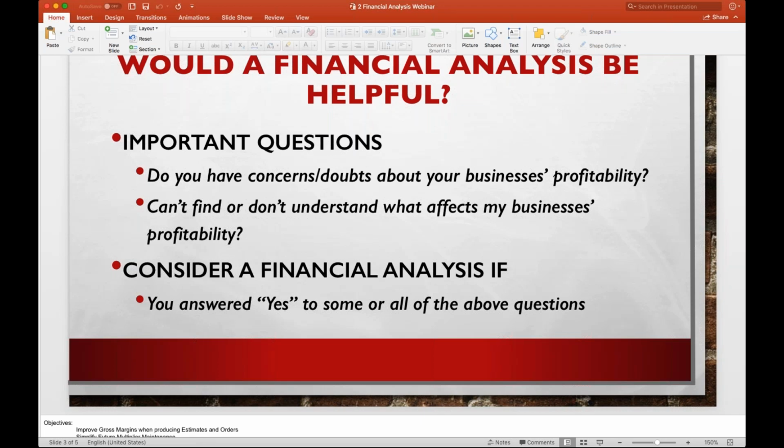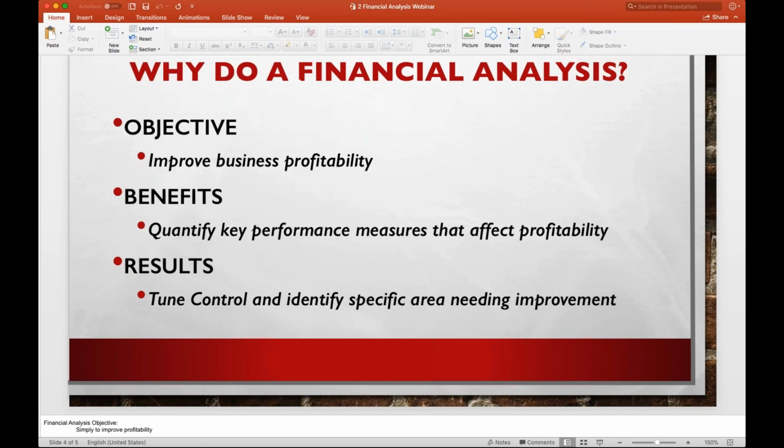I find that a lot of people really don't know or don't understand what affects their profitability, the cost of goods, the other operating costs and sales, et cetera. So if you would answer yes to either of those questions or both, then a financial analysis might be of benefit to you to consider.